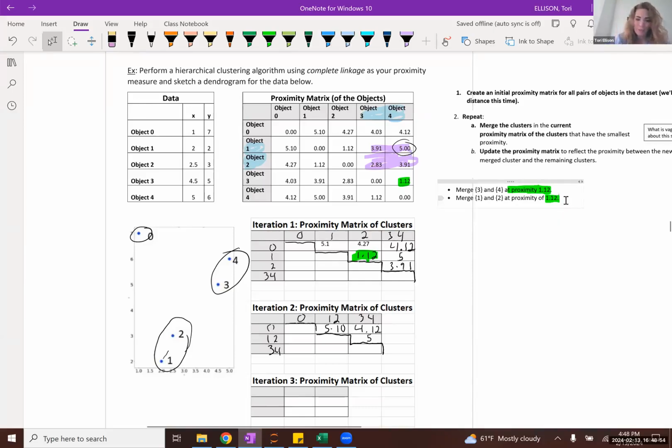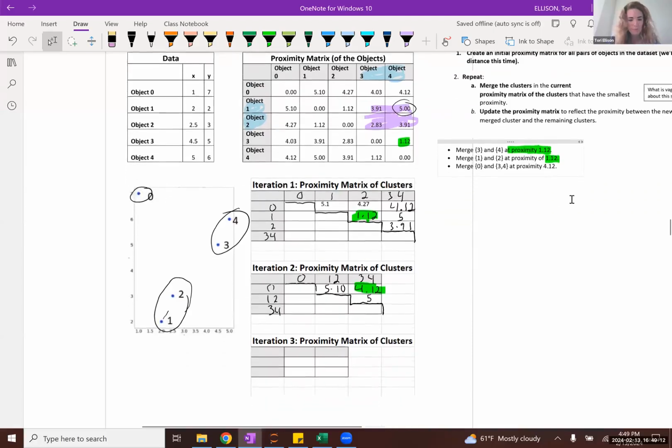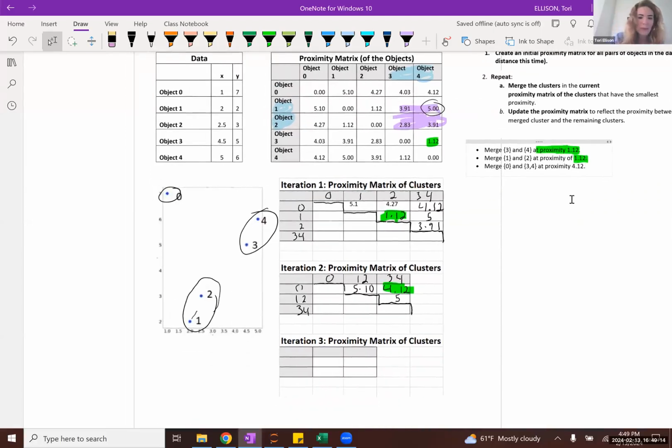So we can see that 4.12 is the smallest distance between clusters. So we merge cluster 0 and cluster 3, 4 at proximity of 4.12. Those two clusters will merge together.